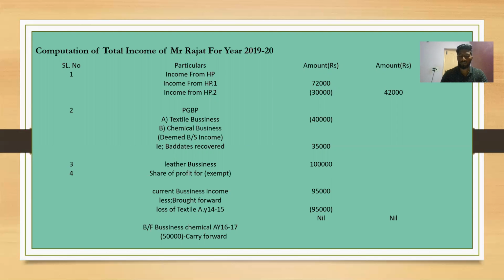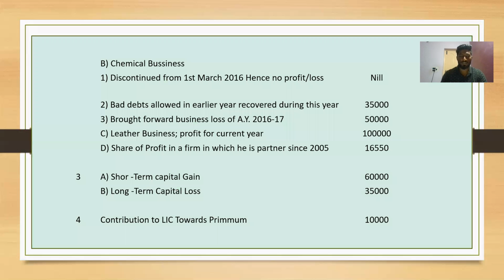How much profit do we have? We have exactly 95,000. So we are setting off the total business income of 95,000 against the brought forward losses of 95,000. The amount remains nil. So we don't have any amount to set off the losses of assessment year 2016-17 of rupees 50,000.